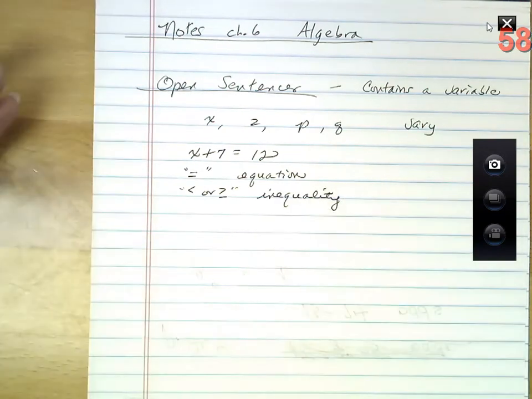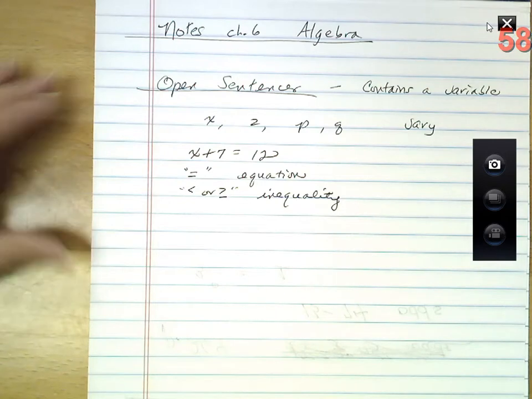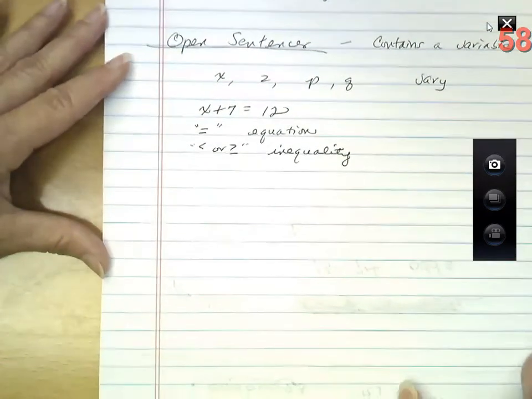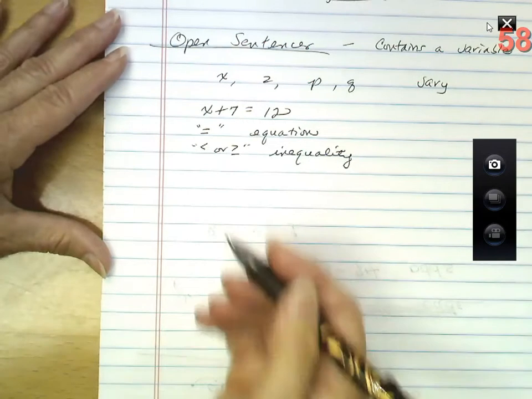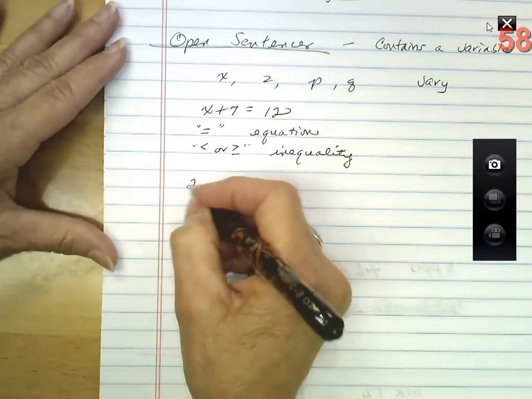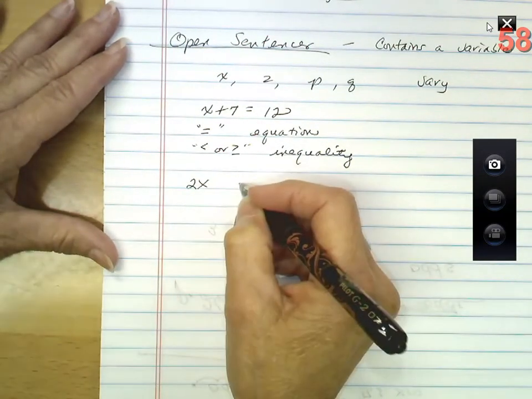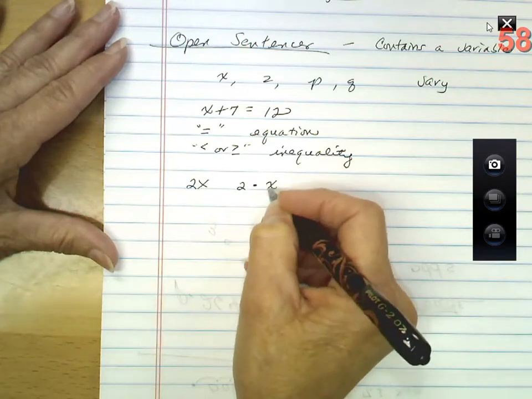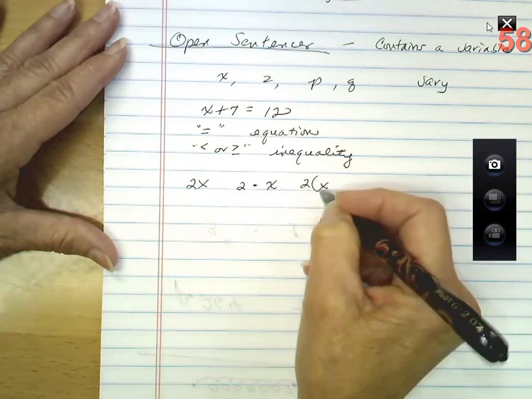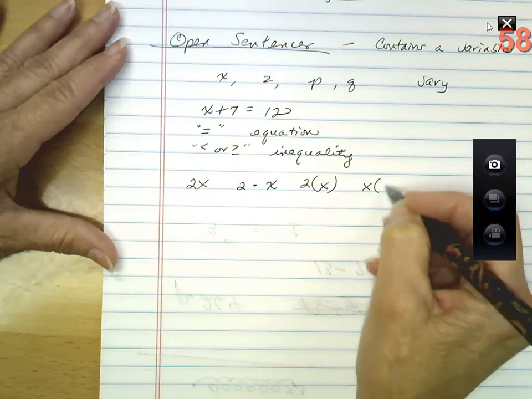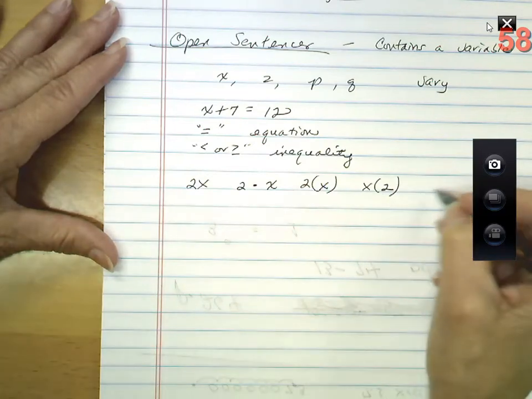One side is more than the other, or one side is less than the other. So those are inequalities. All right, next, if you have something like 2x or 2 times x, written like this or like this, all of these mean to multiply.